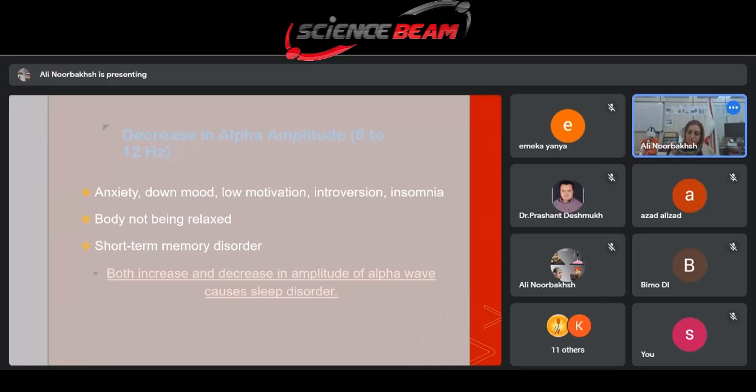Okay? Because when alpha increases, it means rumination, so we cannot sleep.